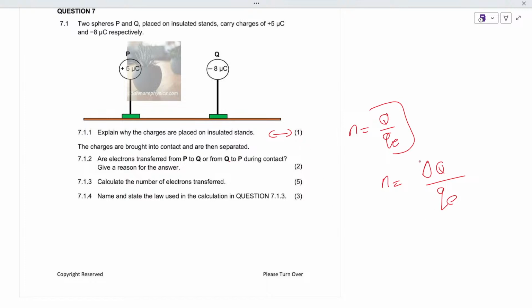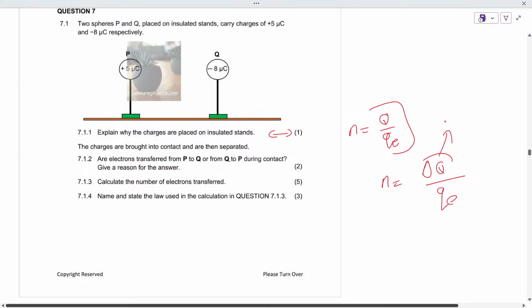Oh, okay. And then you must note that the change in Q is going to be Q new minus Q original.